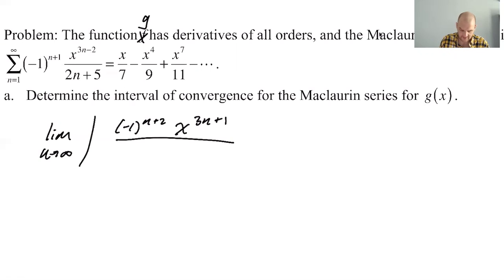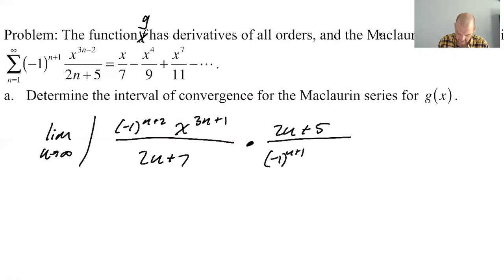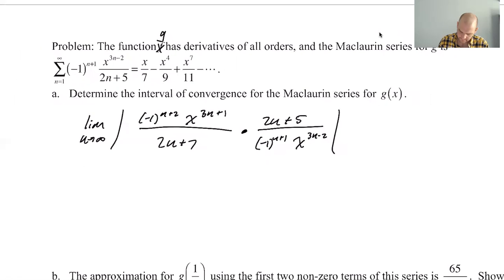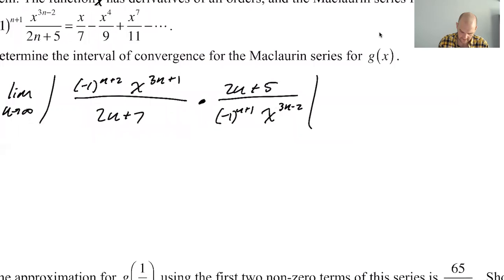When you plug in n plus 1 to 2n, you get 2n plus 2 and then plus 5. So 2n plus 7, multiplied by the reciprocal, 2n plus 5 over -1 to the n plus 1, which again we don't need to worry about because of absolute values. And then x to the 3n minus 2. Oh, we're going to get like a cube, I think.